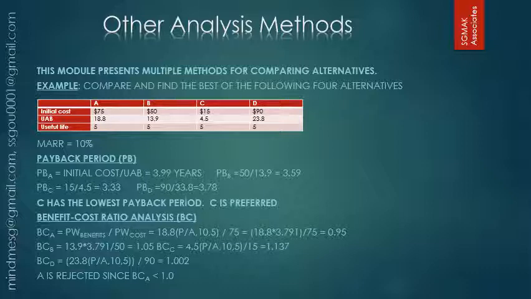Benefit cost ratio for A is present worth of benefits divided by present worth of cost, comes out to be 0.95. If the ratio is less than 1, the project is not good. We will not consider it for further analysis. So A drops out. Benefit cost ratio of B is 1.05, and for C is 1.137, and benefit cost ratio for D is 1.002.